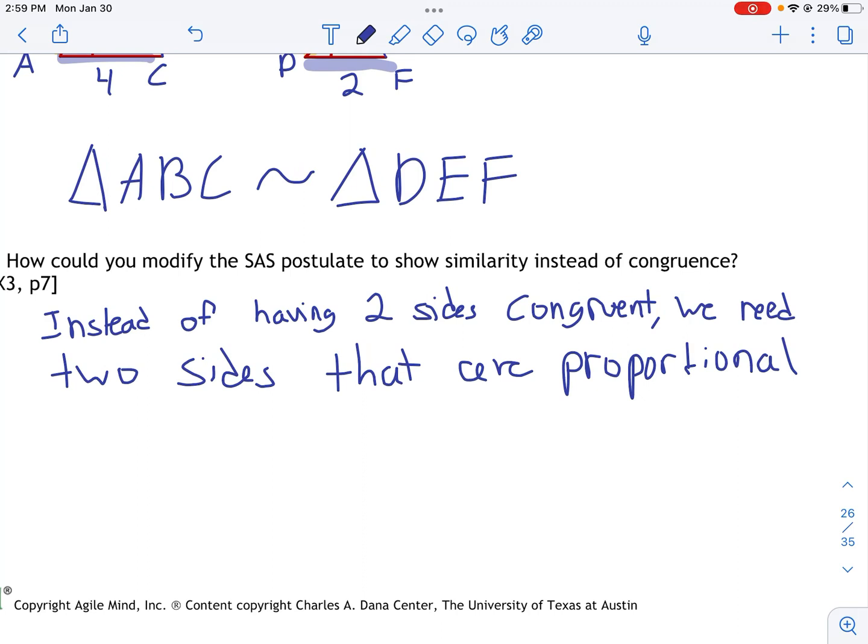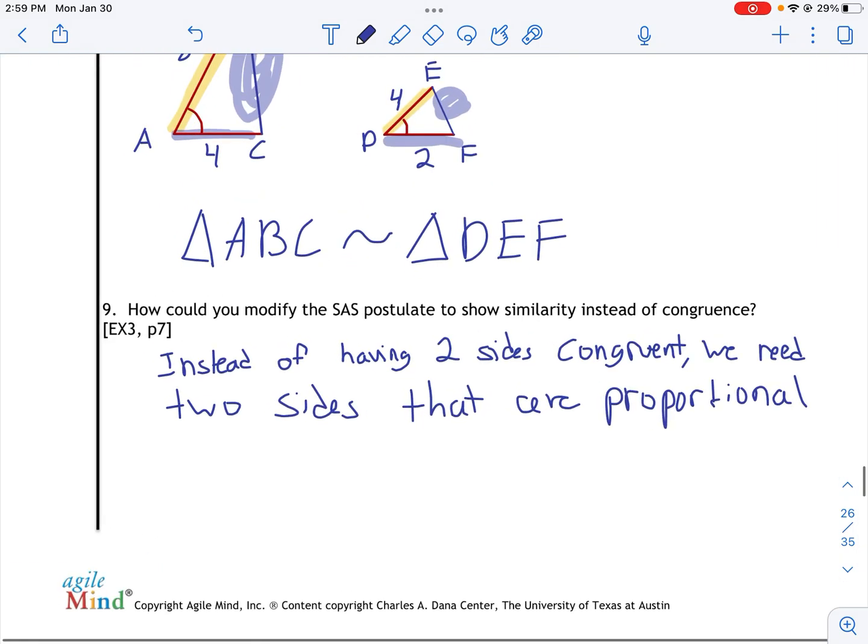So it's almost the same exact thing, side angle side congruence, but instead of showing congruence, we're going to show that the two sides are proportional, which is basically what we just did above.